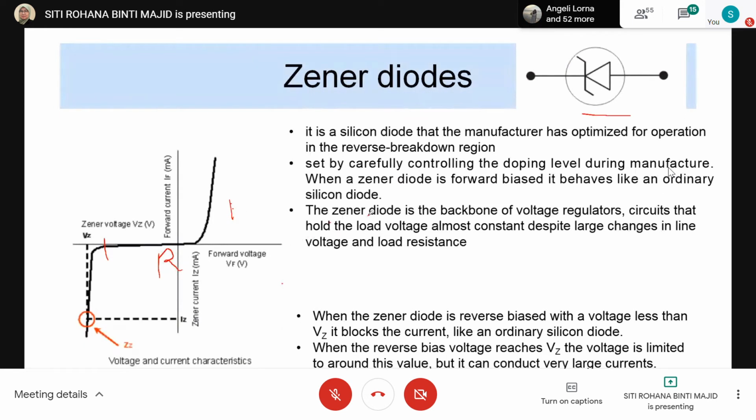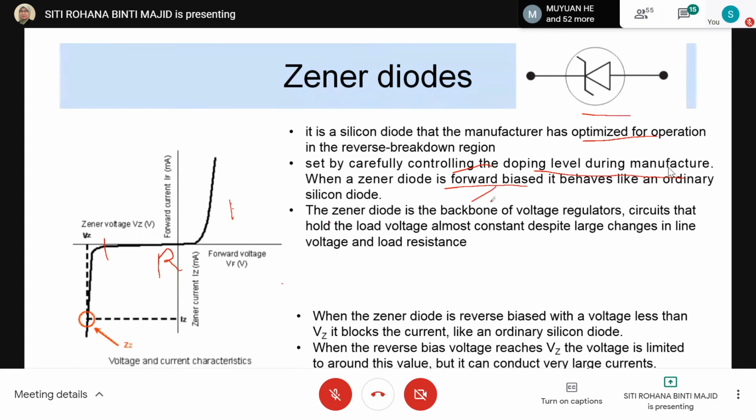When we fabricate this silicon diode, it is optimized for operation in the reverse breakdown region, because in the reverse part the breakdown will happen, and it is set carefully by controlling the doping level during fabrication. And when a Zener diode is in forward bias, it behaves like a normal silicon diode.